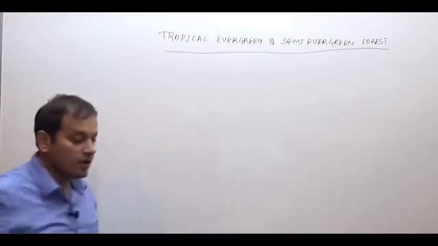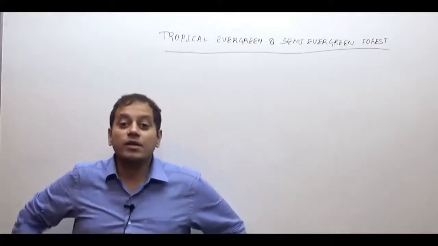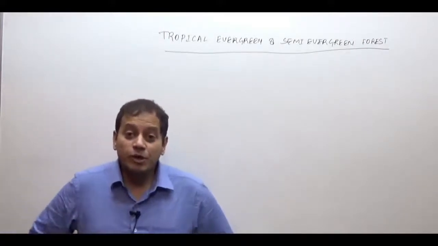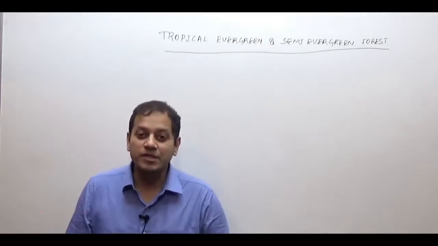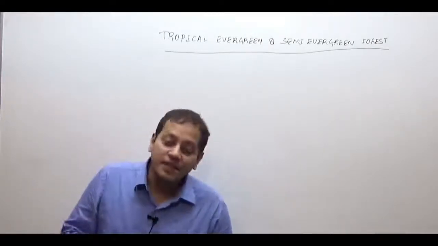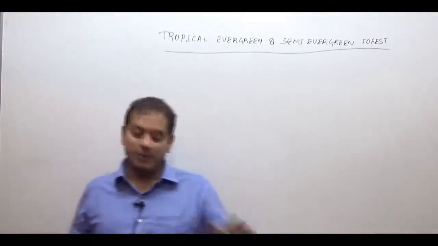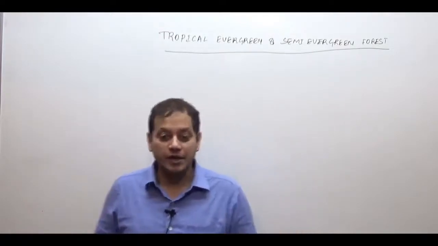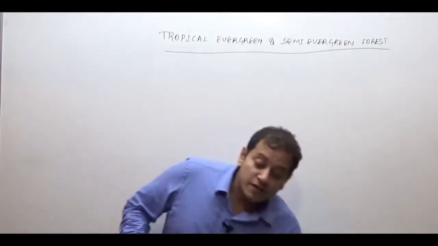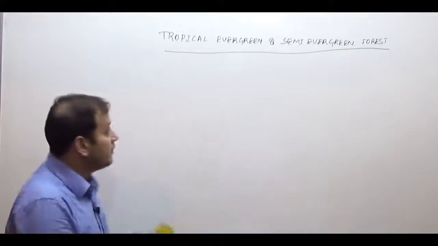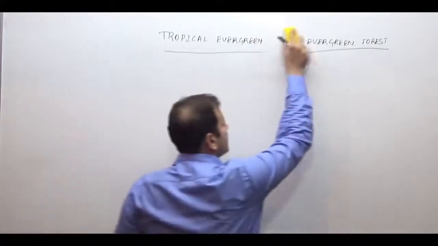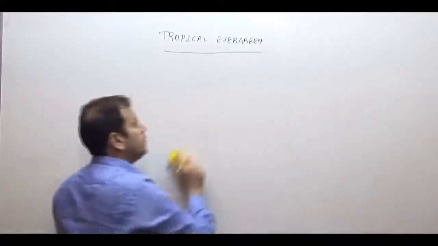Whenever I tell some important point, if I am stressing on some points, make sure that it gets fed in your memory and you note down that point. We will first start with the study of the tropical evergreen forest, and then we will study the tropical semi-evergreen forest.